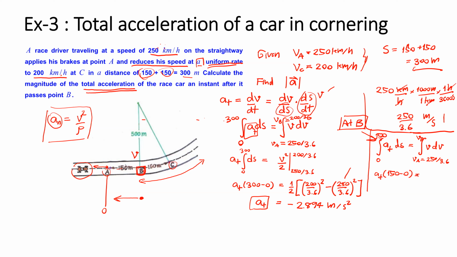And for the right-hand side, we have v squared divided by 2, with the limit of the integral from 250 divided by 3.6 to the unknown speed at point B.